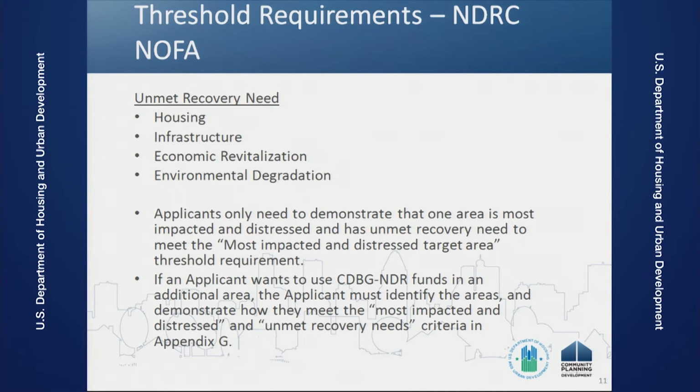At least as far as I know, it's not very precedented, if not unprecedented. It's a new thing for HUD, it's a new thing for applicants, and this is something you want to be very careful about, especially if you're going to add target areas between a Phase 1 and Phase 2 application. This is a threshold factor, and if the threshold is not met, the application is considered unresponsive.